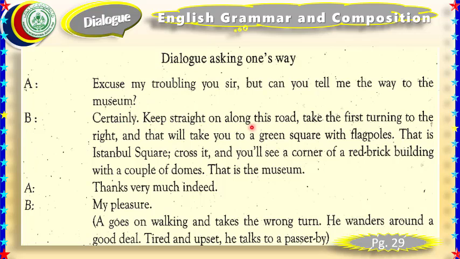Keep straight on along this road. Take the first turning to the right, and that will take you to a green square with flag poles. That is Istanbul Square. Cross it and you will see a corner of a red brick building with a couple of domes. That is the museum.